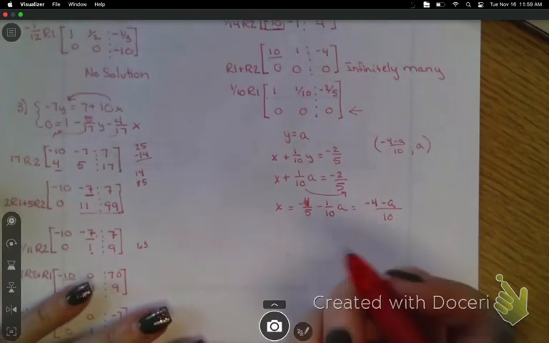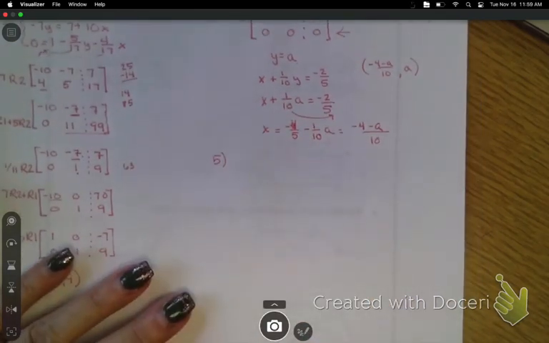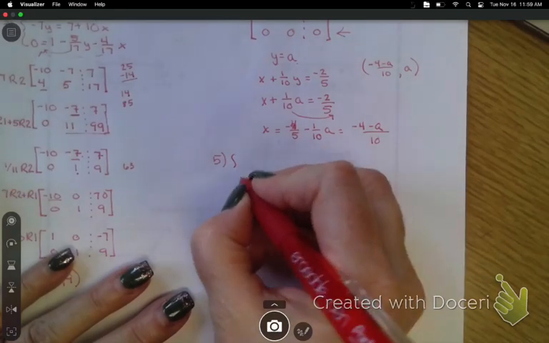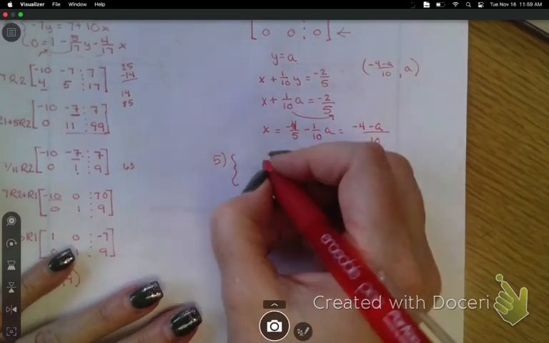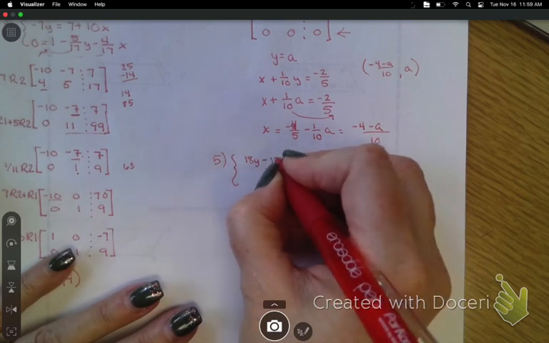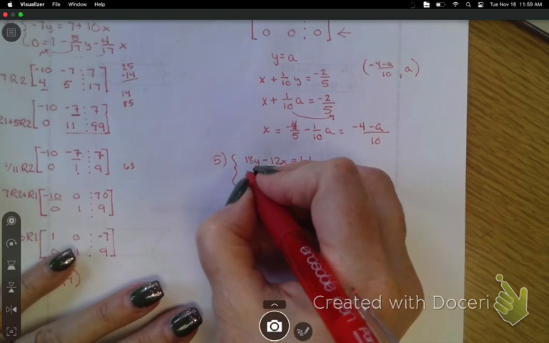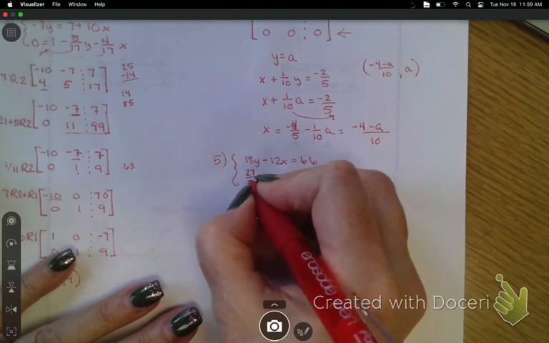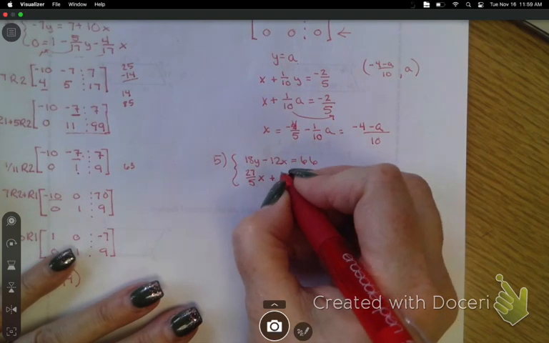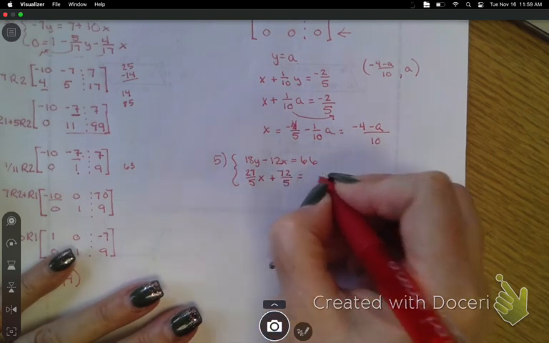Okay, so the last problem we did in class, and the last one I'll record, is 5. We did one more because we had fractions in 5. And so I have 18y minus 12x equals 66, and 27/5 x plus 72/5 equals 3y.